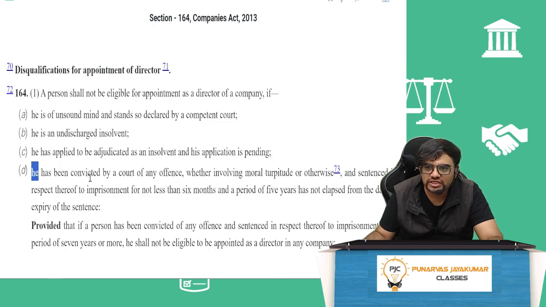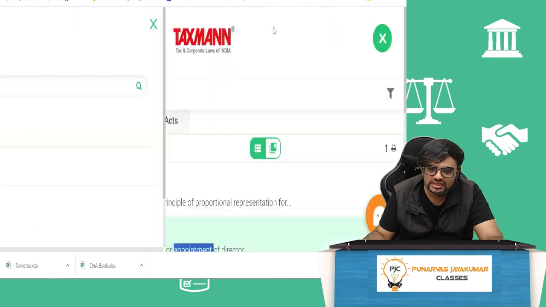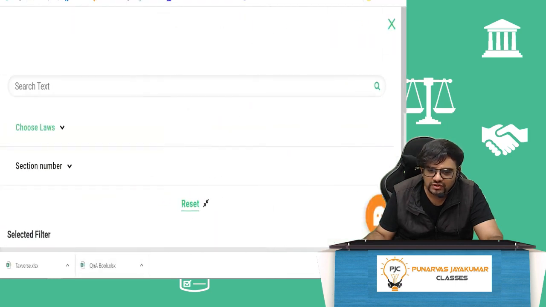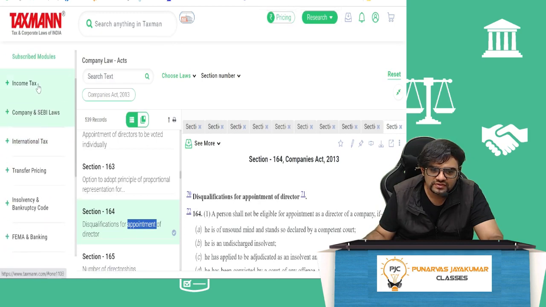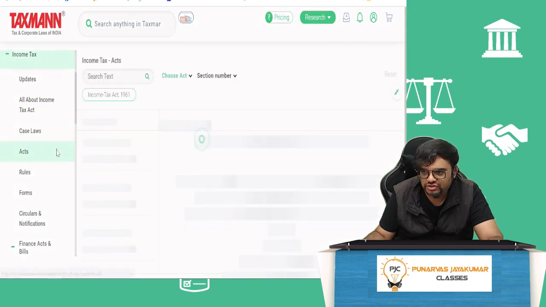Does he include she? Yes. General Clauses Act says he includes she. But does he include transgender also? The thing is, Transgender Protection Act has not come, and these are all old legislations which were there. So until any legislation comes, we will not include transgenders also.